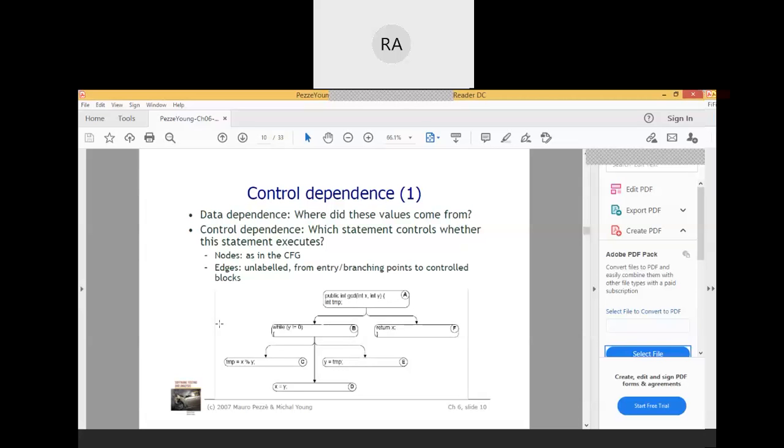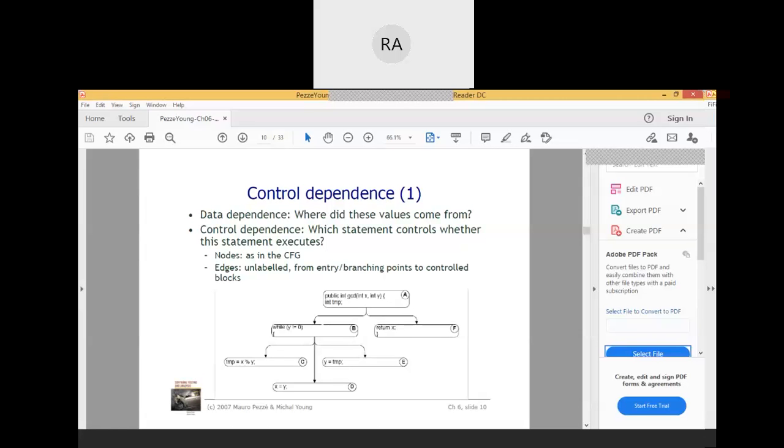What is control dependency? Control dependency is again a graphical representation. It will tell you about the statements which control the execution of the next statement. That is, it tells you which statement is going to control whether the current statement will get executed or not.